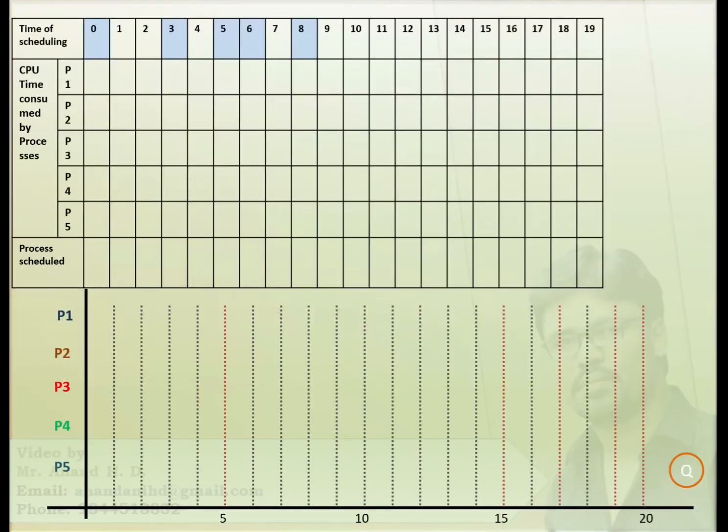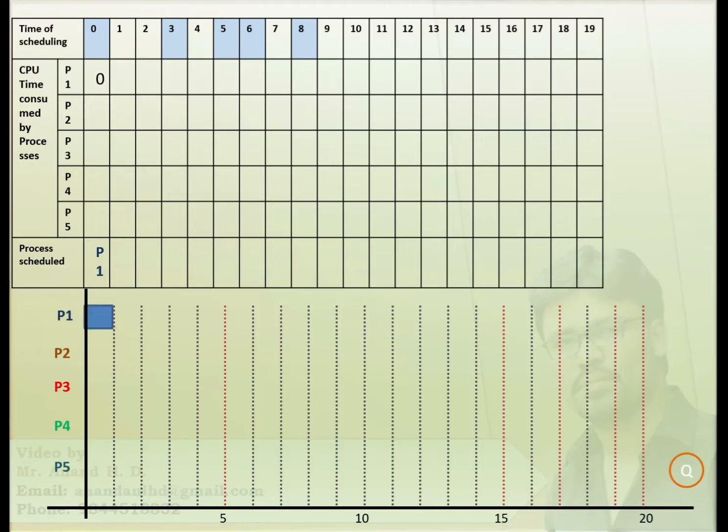So at 0 time units we have only process P1 in the ready queue and it has not been scheduled even once. So since there is no other process in the ready queue, P1 will be directly selected or scheduled. So P1 will be executing from 0 to 1 time unit.